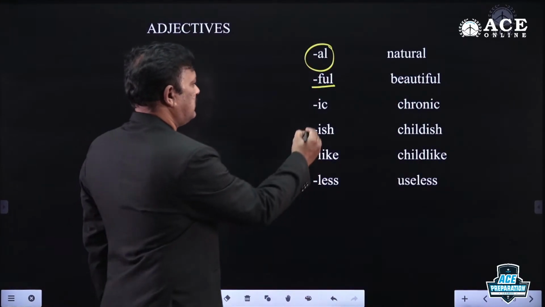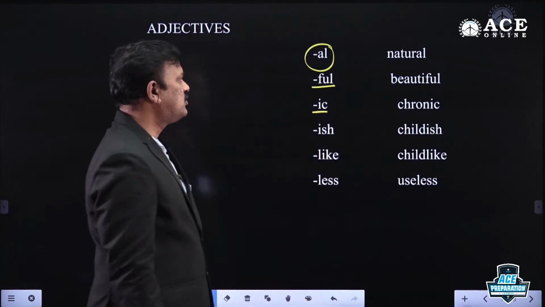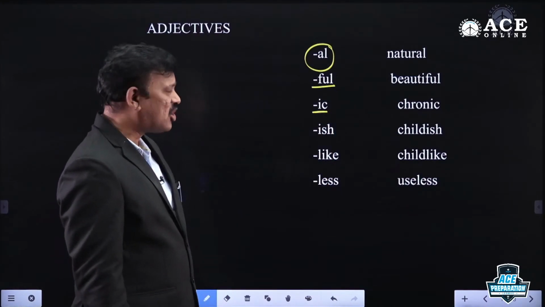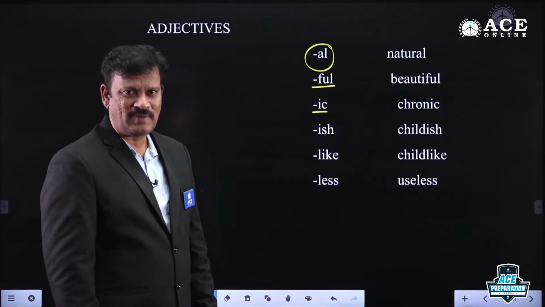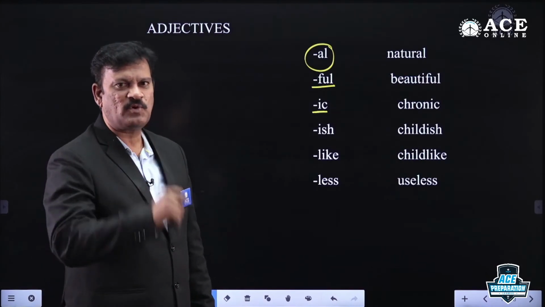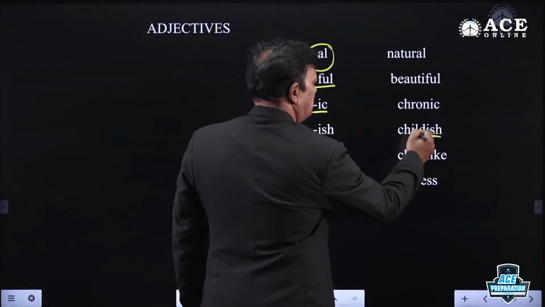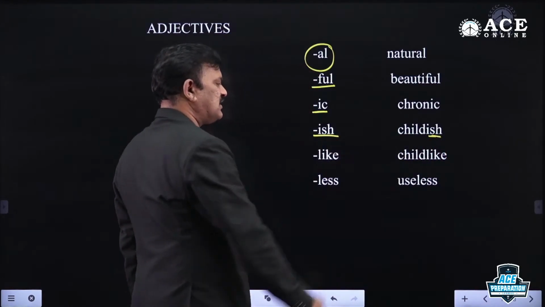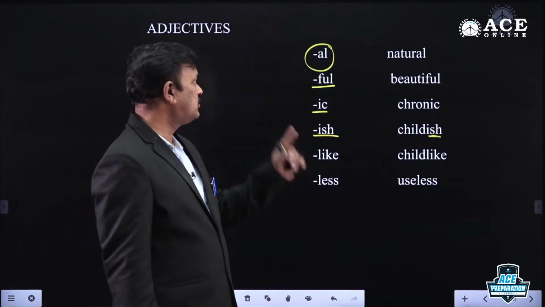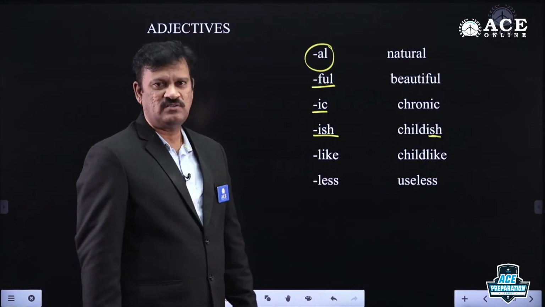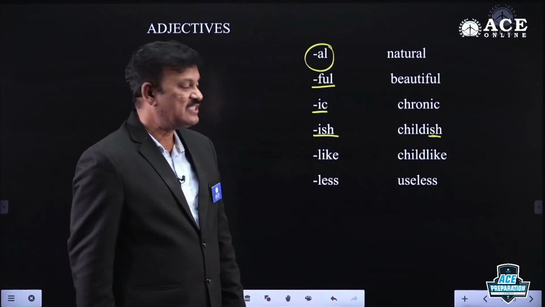Words ending in IC are also adjectives: chronic, demonic, plastic. Guys, give me some more words. A word ending with ISH is also an adjective: childish, foolish, selfish.